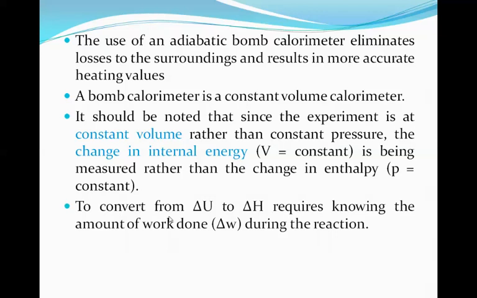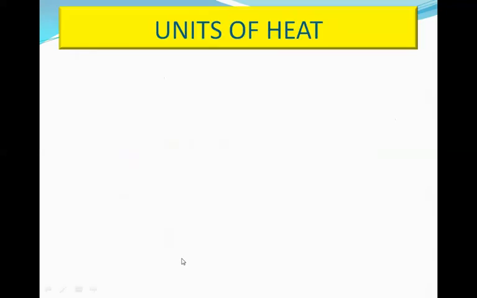To convert from change in internal energy to change in enthalpy, it requires knowing the amount of work done during the reaction, and these are interrelated by the equation delta H equals delta U plus delta n(gases) RT, where delta n(gases) stands for the change in number of moles of the gaseous reactants and products.